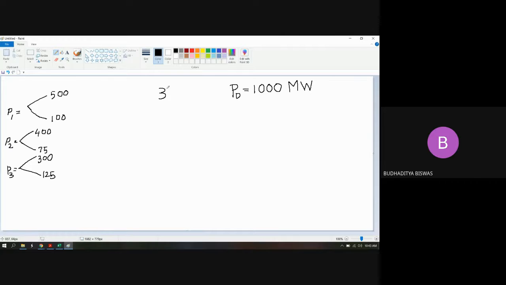Now what you need to do: the total 3 units are there. After applying the coordination equation or the economic generation criteria on that particular problem, you will find that this is the solution. P1 equal to say 550 megawatt. All these are in megawatt. P2 equal to say 350, or not 350, one minute please.